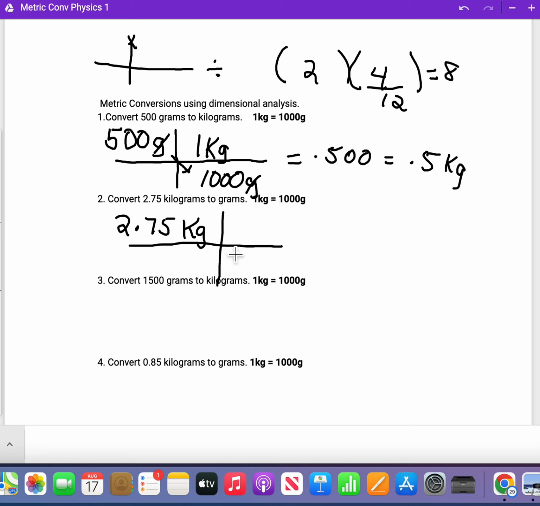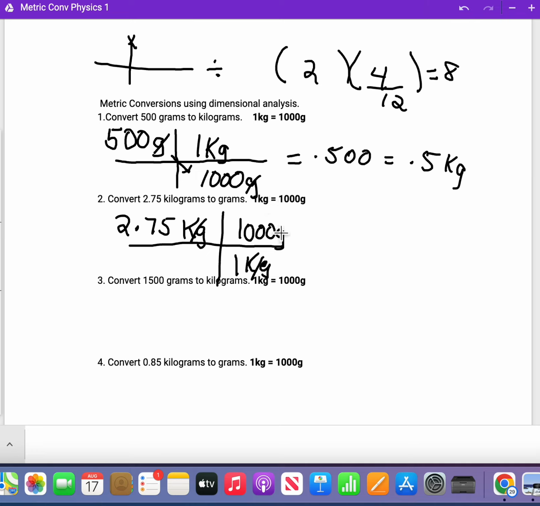Kilograms are here, so this time the 1 that goes with the kilogram goes on the bottom. You can't change these numbers around. And the 1,000 grams goes on the top. Notice how kilograms are diagonal from kilograms, just like grams were diagonal from grams.